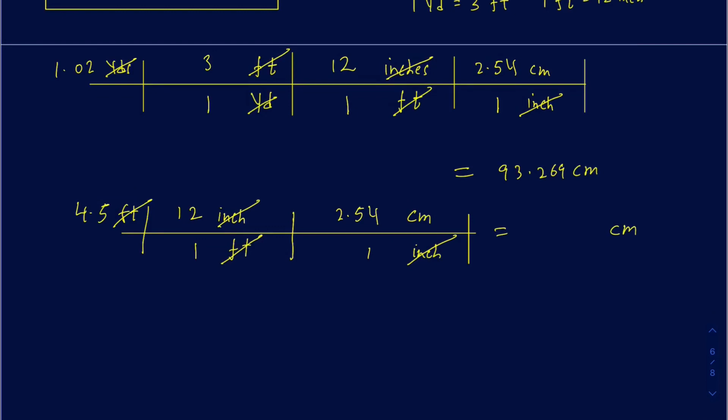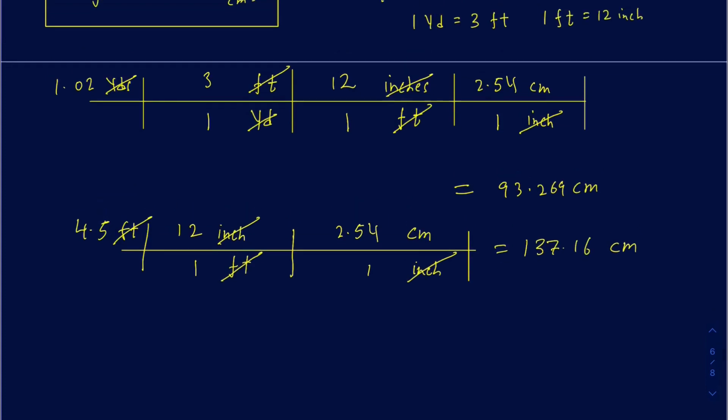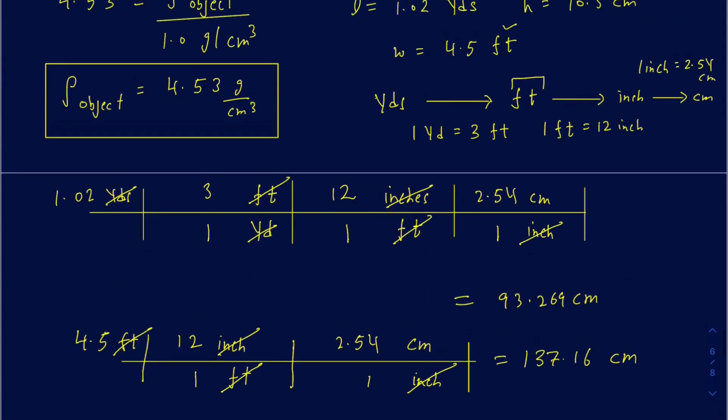And that's the unit you're really looking for. So I got 4.5 times 12 times 2.54, and that gives you 137.16 centimeters. Okay, so now we got all 3 dimensions of these cubes in the centimeters.